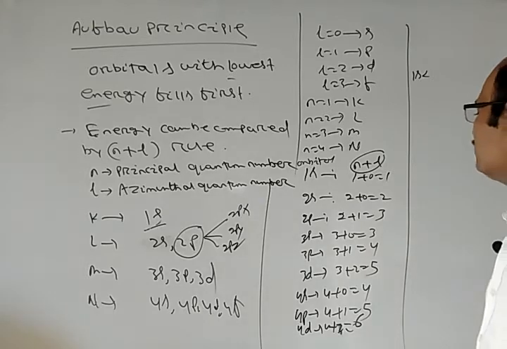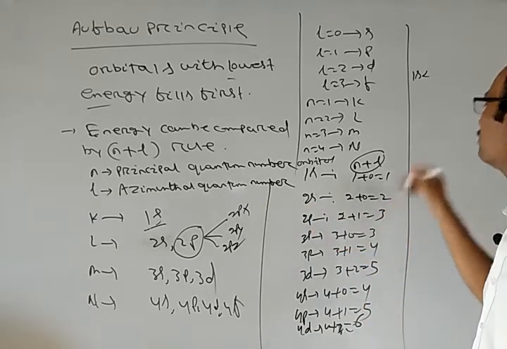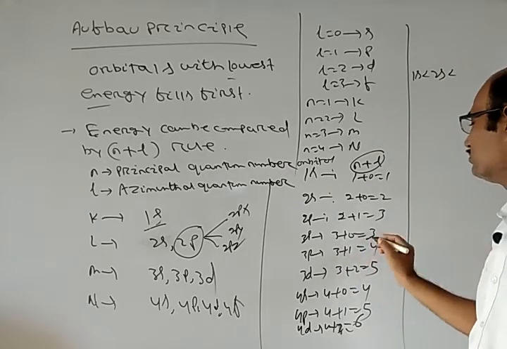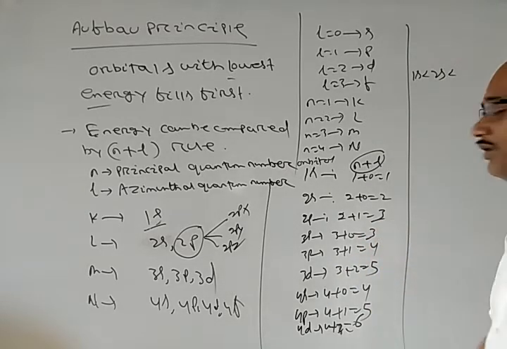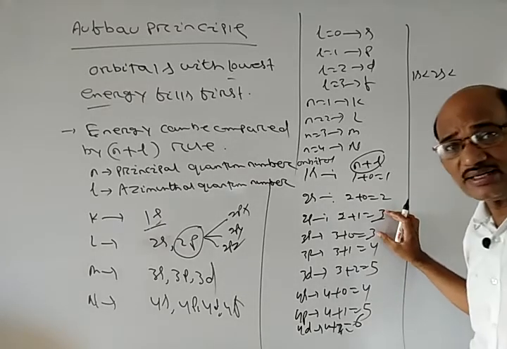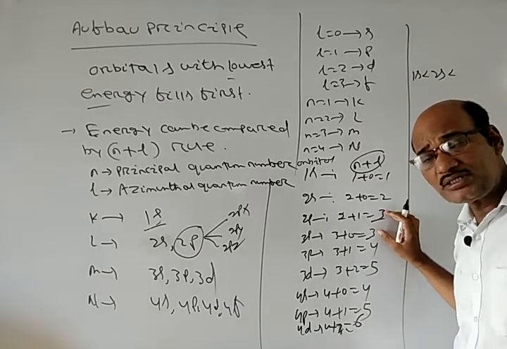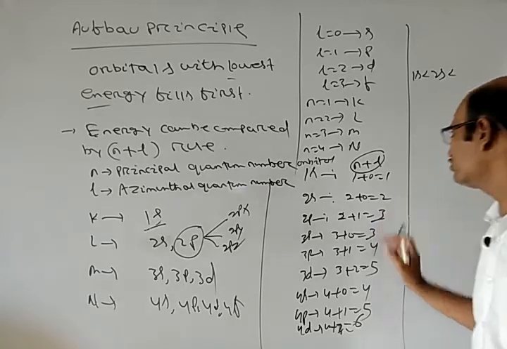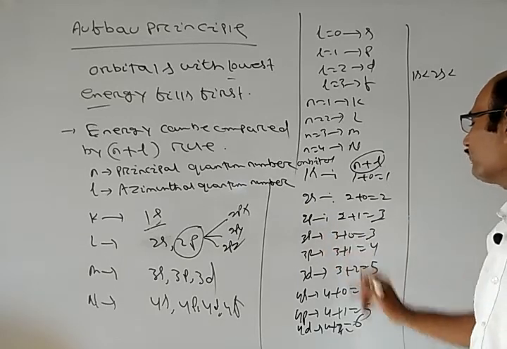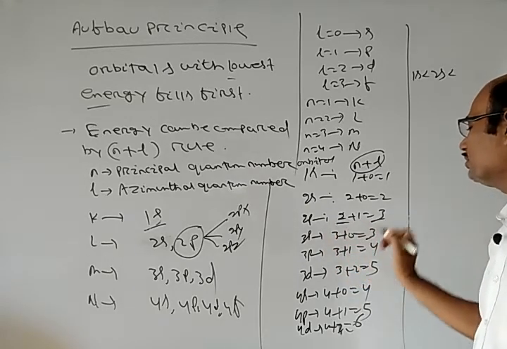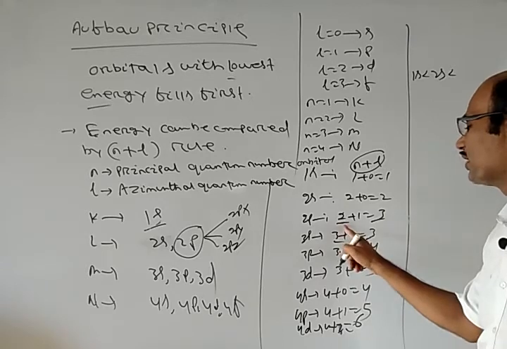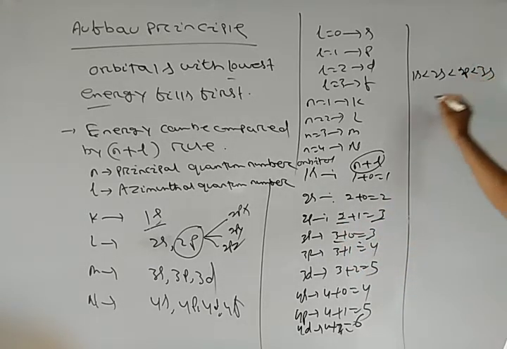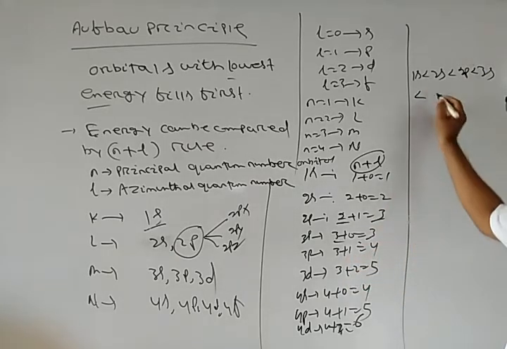Then 2s. Here 3s and 2p both have the same n plus l value. So if n plus l value is the same, then the higher n has higher energy. So 2p, 2 plus 1, will have lower energy than 3s. So 1s, 2s, then 2p, then 3s, then 3p.